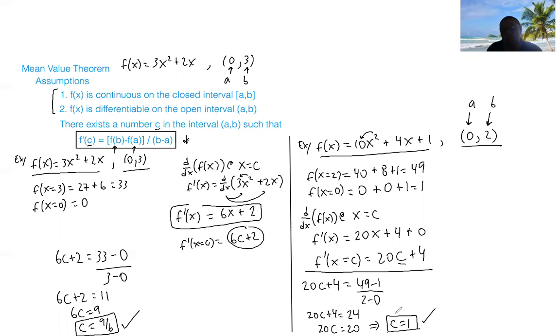Okay, and you can check it because 1 is on the interval between 0 and 2, or simply on the interval from a to b. 1 exists, and this value is the c that they talk about here. There exists a number c in that interval that can be solved by this equation, and you just proved it, because c is in the interval between a and b.